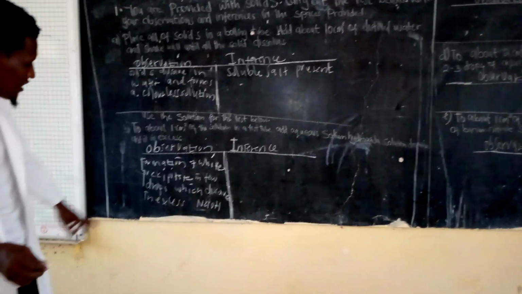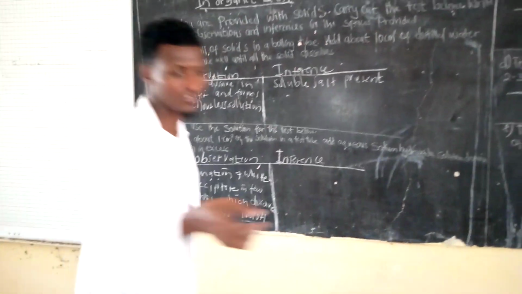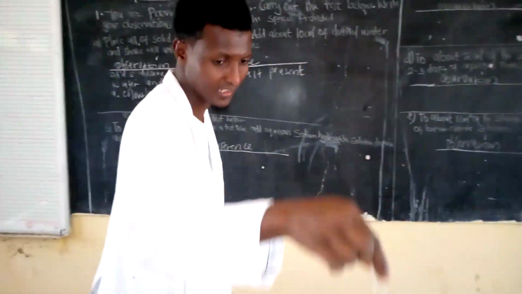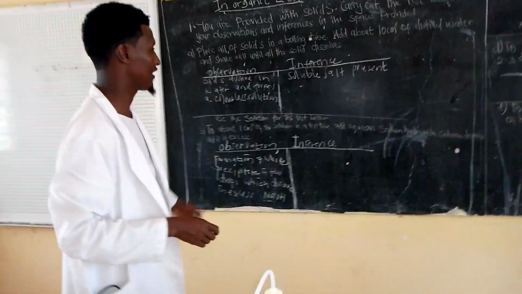So that means the white precipitate formed in few drops and it dissolved in excess. If dissolved in excess, it's like that. Dissolved in excess. Good. So how do you write now?